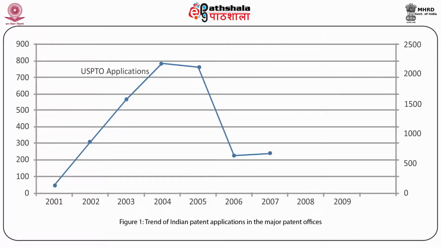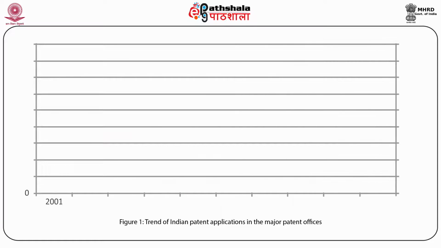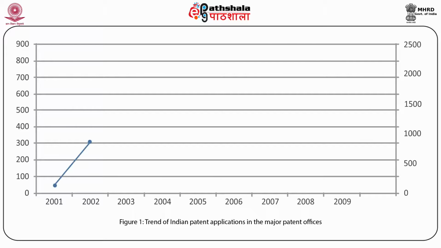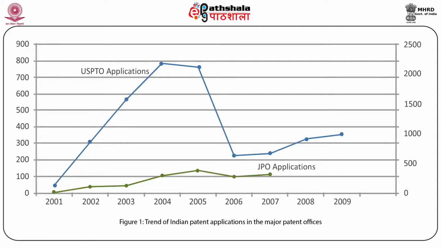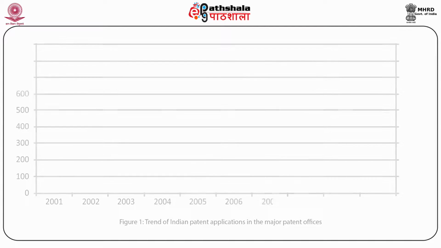Maximum foreign filing by Indian entities and individuals we see is through PCT. Mainly the shift is seen from USPTO. So we can conclude from this patenting trend that Indian entities are increasingly using the PCT route for filing patents, and they are possibly expanding their patent reach.